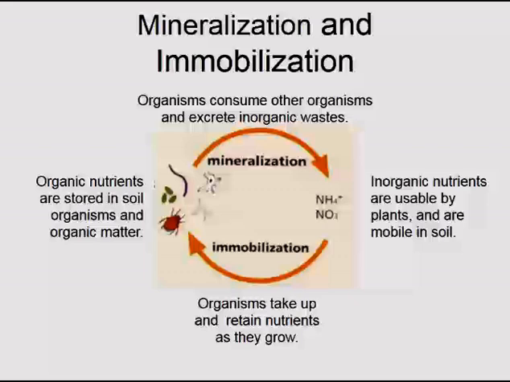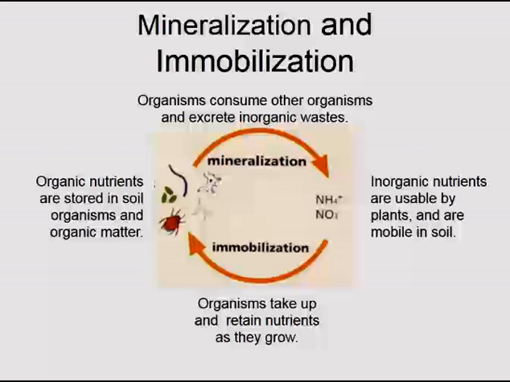And the terms mineralization and immobilization are in the sense of a plant growing in the system. Okay, if ammonium and nitrate are immobilized into a bug or a plant or a worm, that means that it is unavailable for a plant to use.